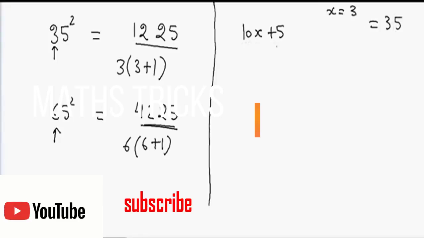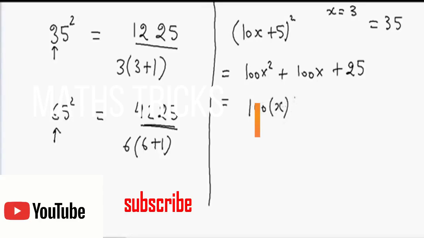So suppose we have 10x plus 5 and we want to do a square of it, that will be equal to 100 x square plus 100x plus 25. So if we solve this, that will be equal to 100 into x into (x plus 1) plus 25.